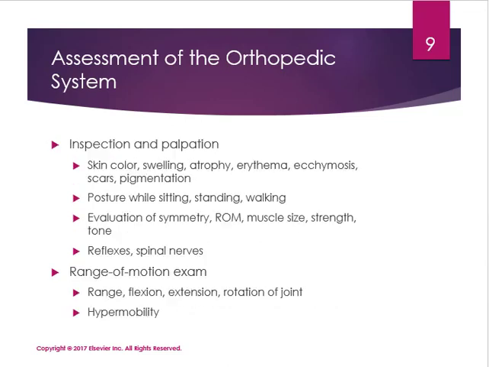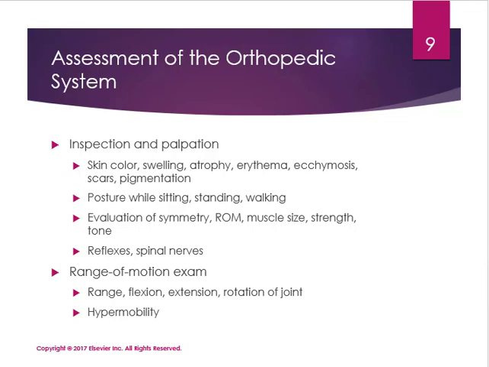When you're doing your physical assessment, you're going to inspect and palpate. You're going to look at skin color, if there's any swelling, any atrophy, redness, ecchymosis, scars, pigmentation. You want to note the child's posture while sitting, standing, or walking. You're also going to want to palpate the skin and note any differences or inconsistencies in the temperature or perfusion of the area.